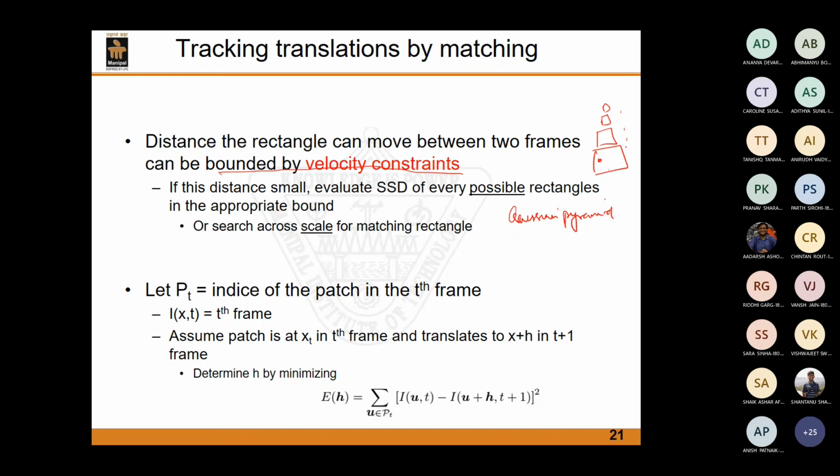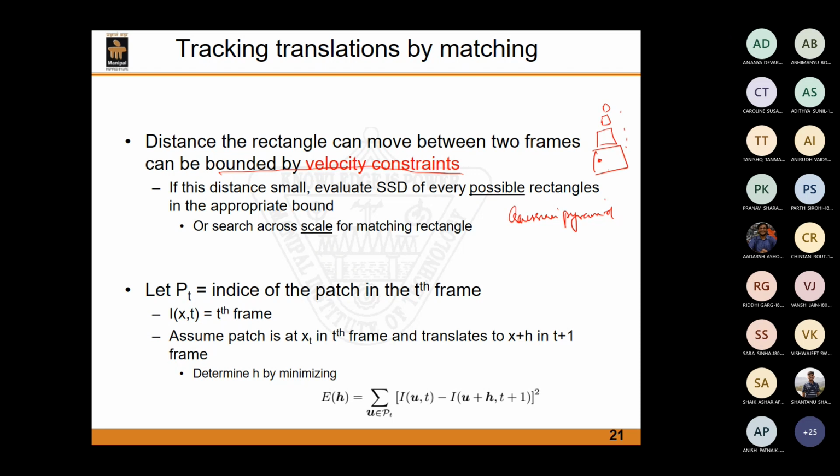That means even if the object is big or small, it would still be able to capture the detailed information, right? So the algorithm which we are designing will be independent of the size of the person or the object which is present. So that is the advantage of using a Gaussian pyramid along with velocity constraints for the neighborhood.